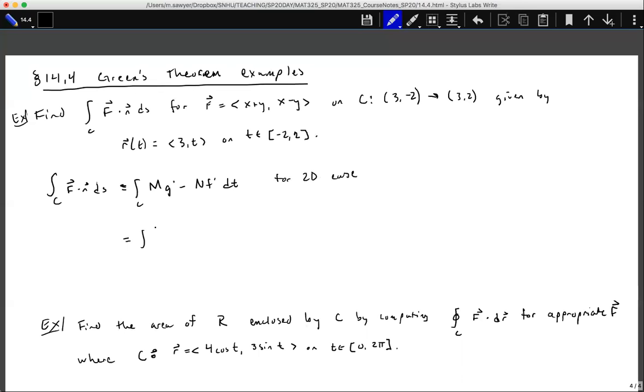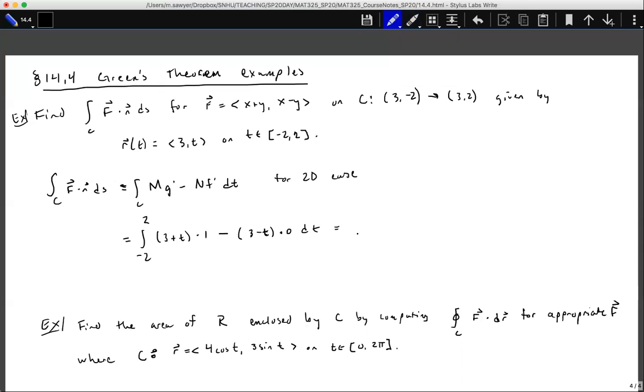So this is when we substitute in our vector field f. M evaluated at x plus y, so I get 3 plus t times g prime, which is 1, minus 3 minus t times f prime, which is 0, dt, and our t goes from −2 to 2.